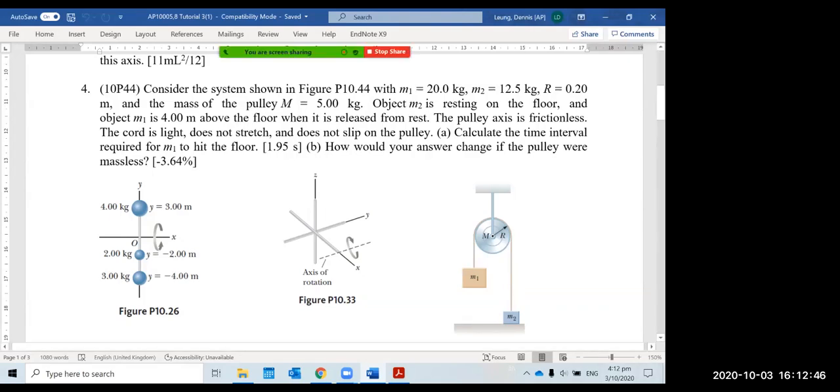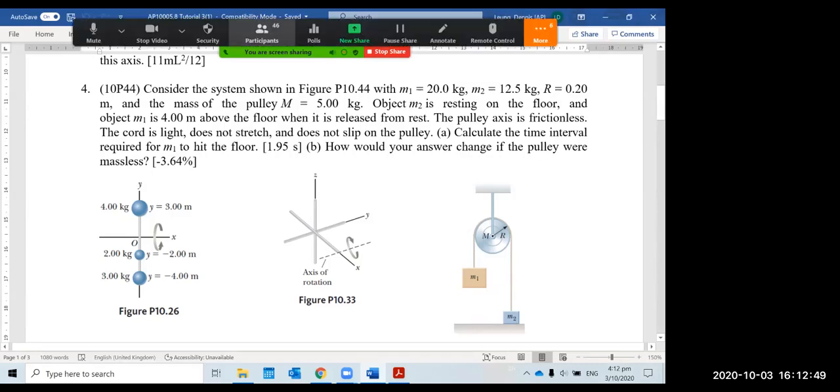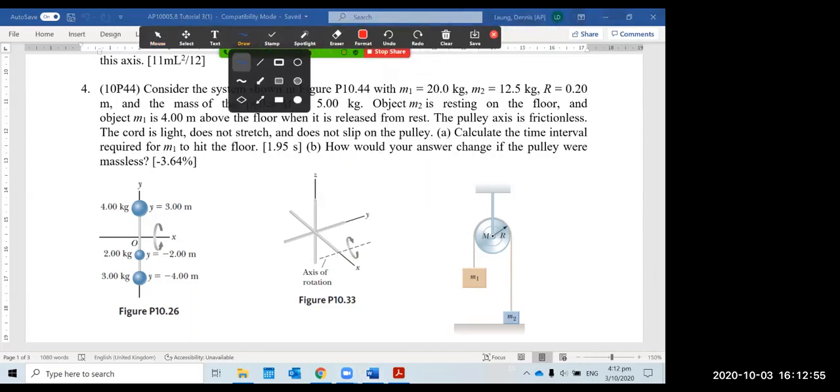So why does the pulley rotate? If the pulley has a moment of inertia, why would it rotate? It rotates because there is a net torque, according to Newton's second law. So the net torque must arise from the tensions in the string.